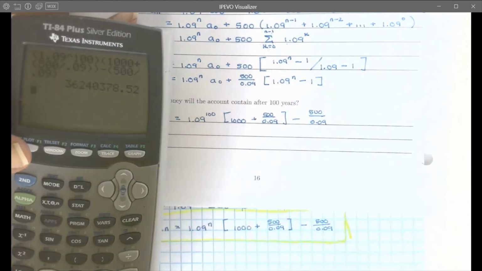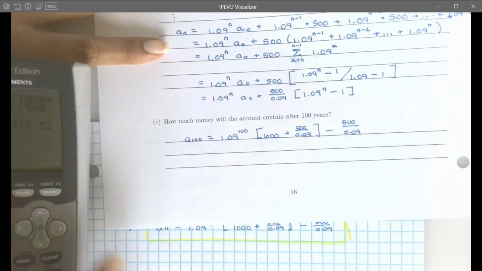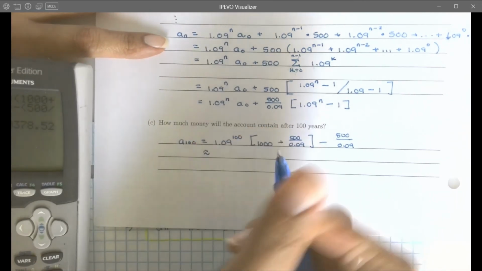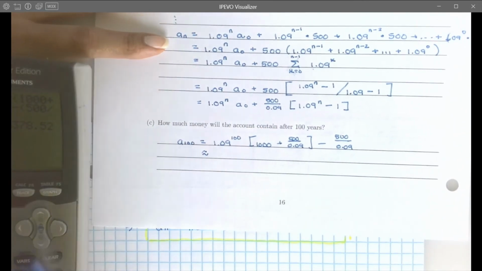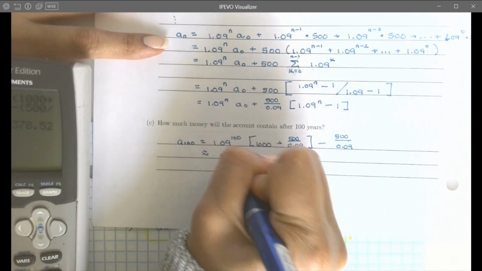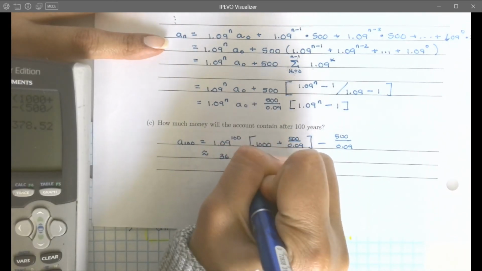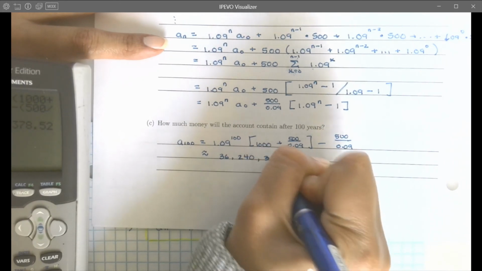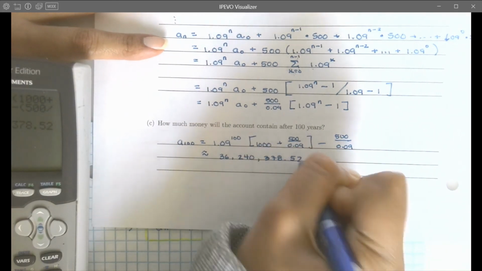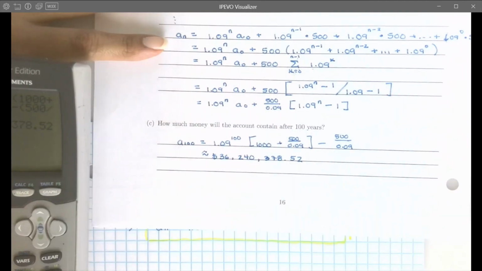And we get a very large number, which is approximately 36,240,378.52.